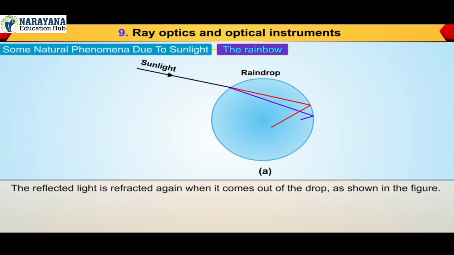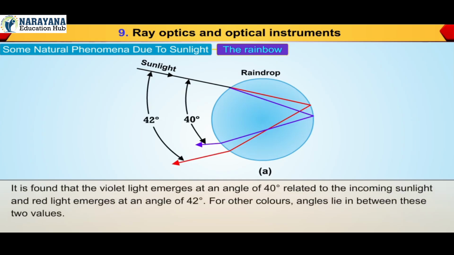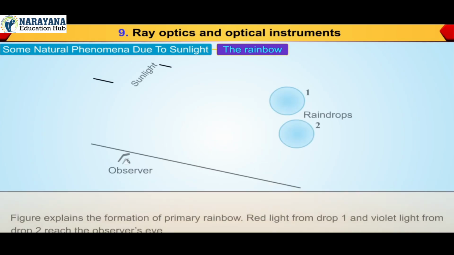The reflected light is refracted again when it comes out of the drop, as shown in the figure. It is found that the violet light emerges at an angle of 40 degrees relative to the incoming sunlight, and red light emerges at an angle of 42 degrees. For other colors, angles lie in between these two values.